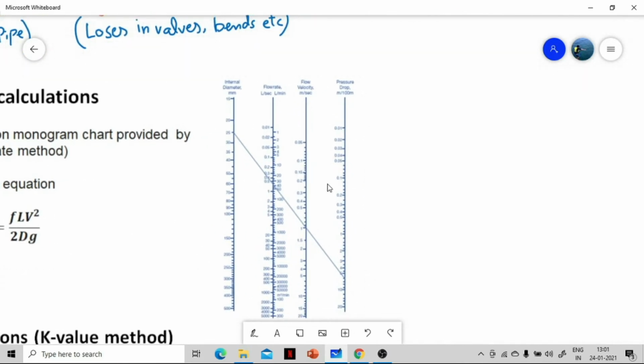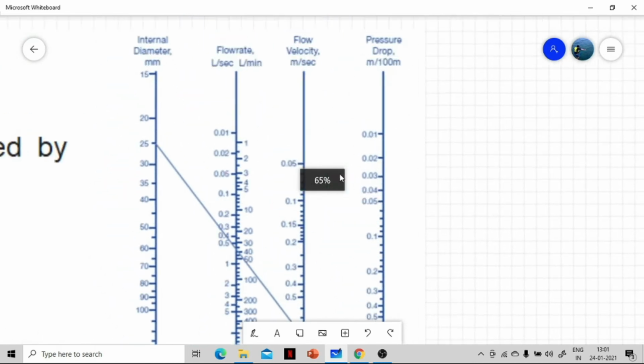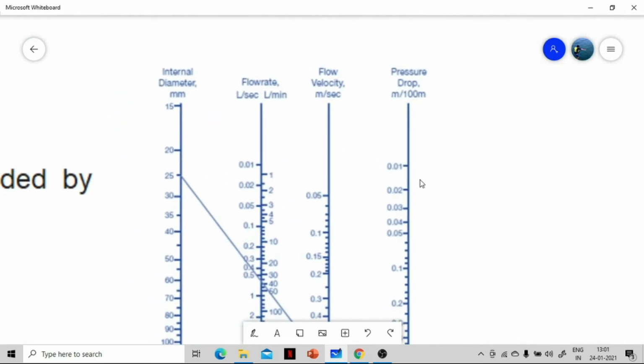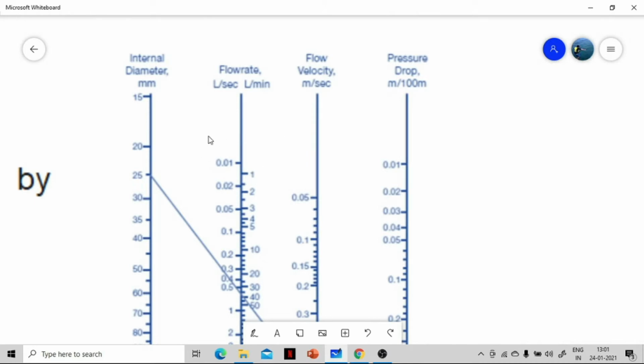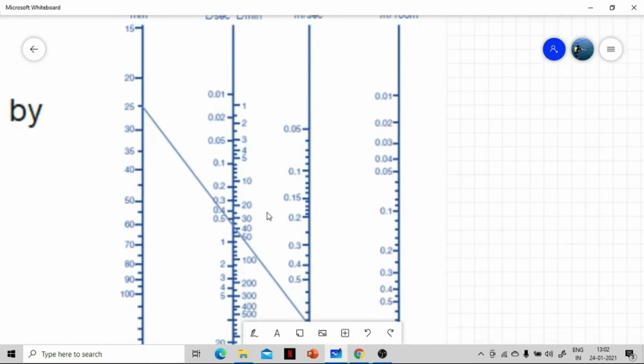What these charts show, for example, if I enhance the size of this chart, you will be able to see. Here there are four columns. Number one is the internal diameter of the pipe, number two is the flow rate, and number three is the flow velocity. You have to take a scale and make a straight line that connects your operating conditions: your pipe diameter, your flow rate, and your flow velocity.